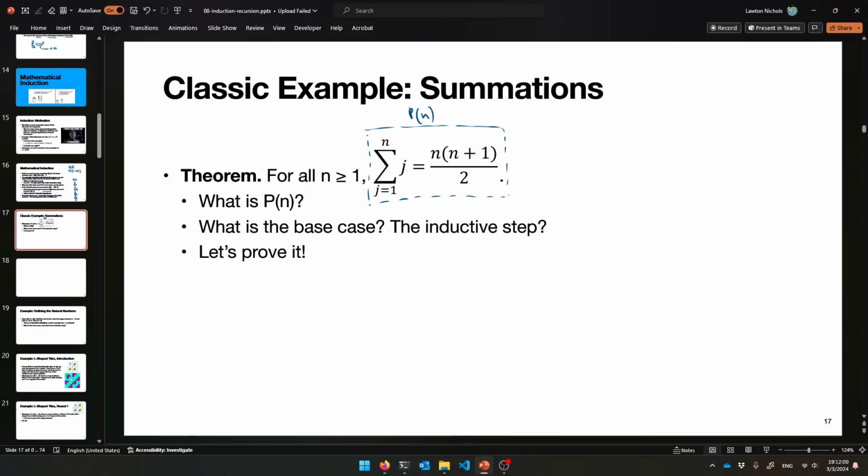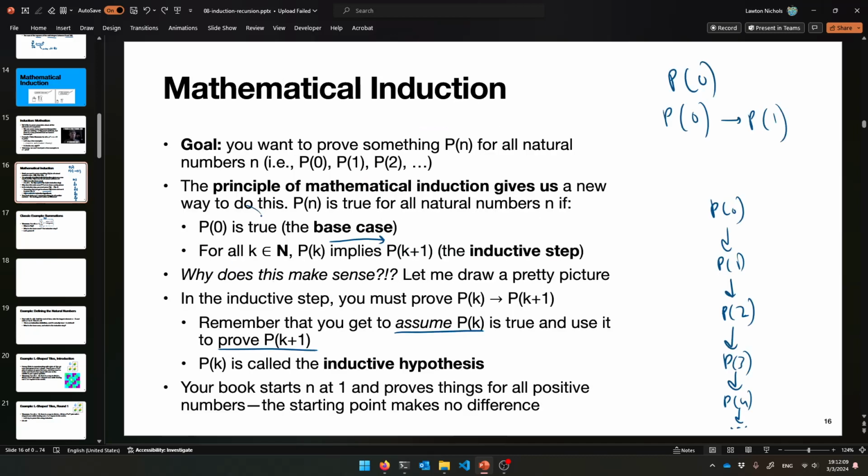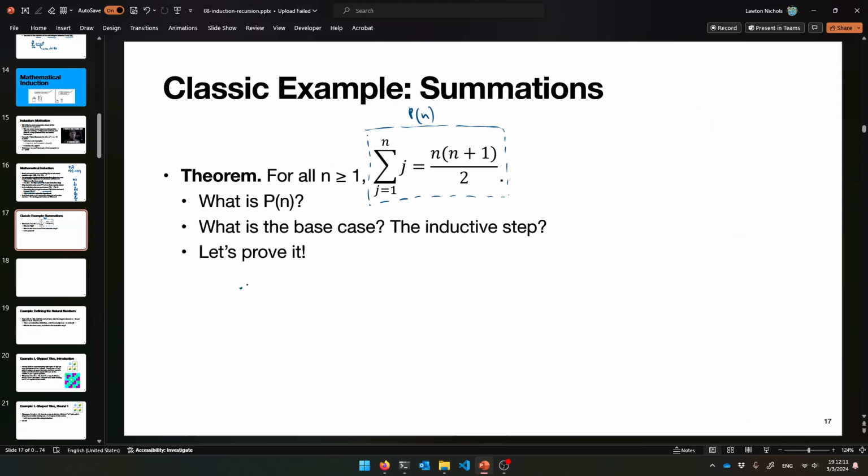And then, all right, we need to write down the base case and the inductive step, and then we'll prove them both. So the base case is P of 0. We've got to show that that works. So base case, or I guess because we're starting at 1, it's P of 1 here. We've got to show that the sum of all the numbers from j equals 1 to 1, so we're plugging in 1 to our P, is equal to 1 times 1 plus 1 over 2.